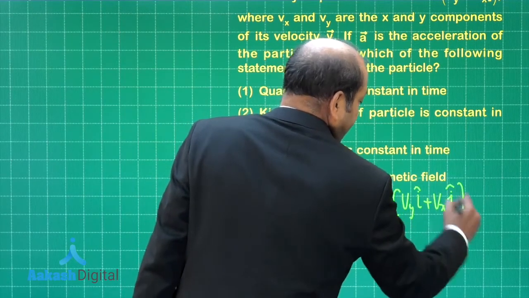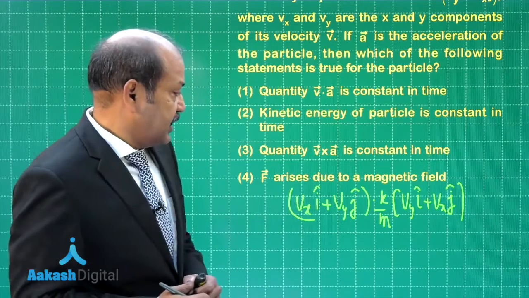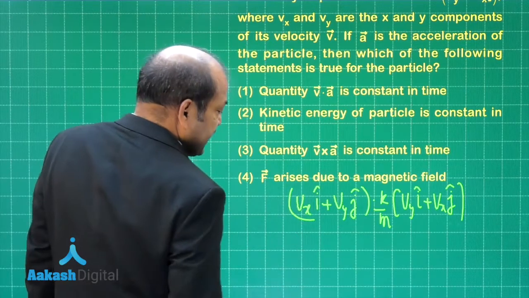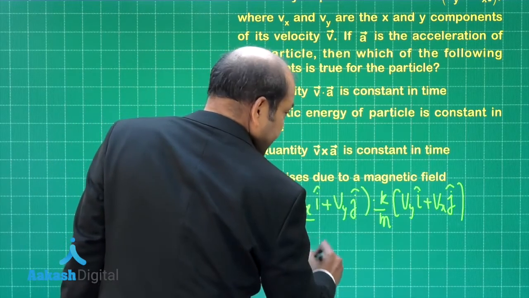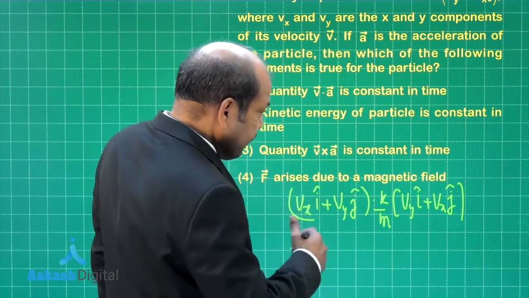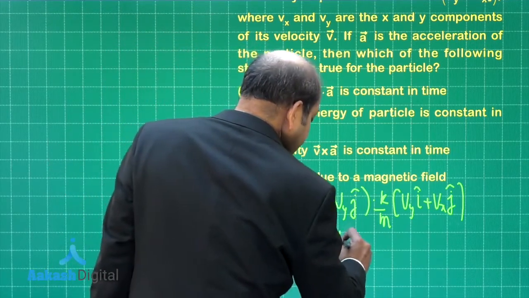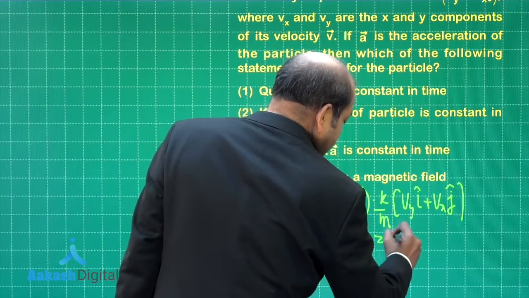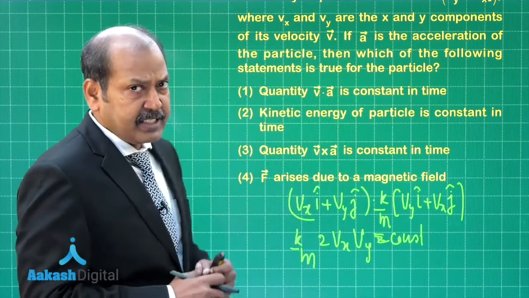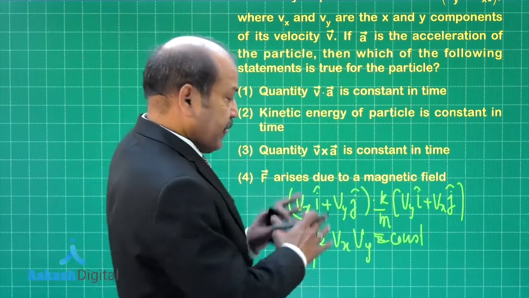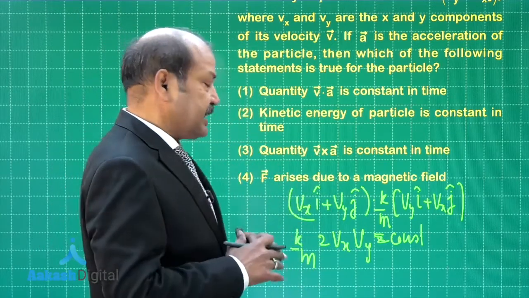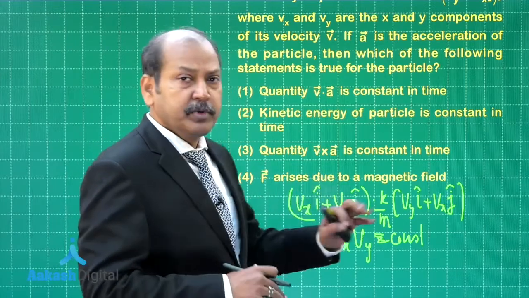That is what the question statement is. Now, if it has to be constant in time, we have to have k by m into Vx Vy plus again Vx Vy, that means 2 Vx Vy is constant. Now, we have no reason to believe that this is going to be true as such. So, we can't really pass judgment about this option at this stage. We can say that we have no basis to assume that this is going to be constant.